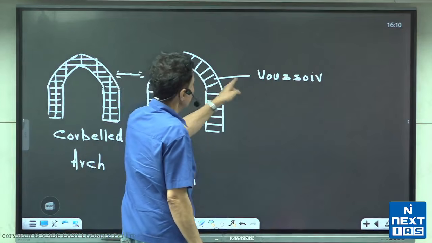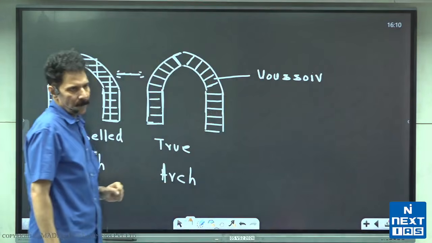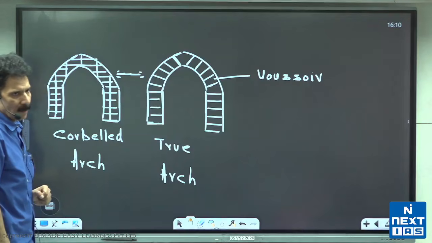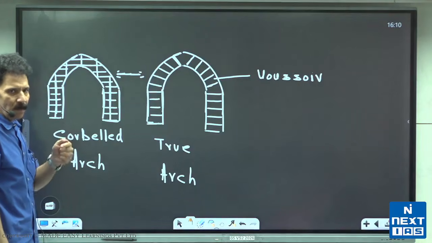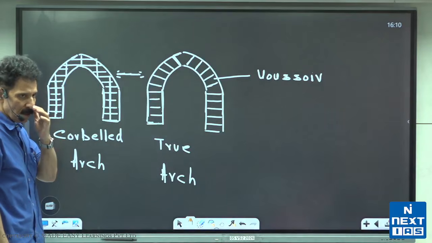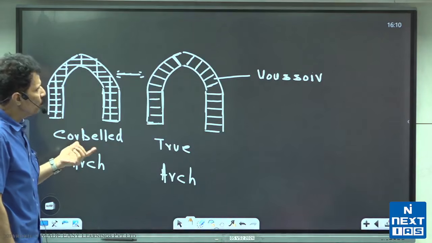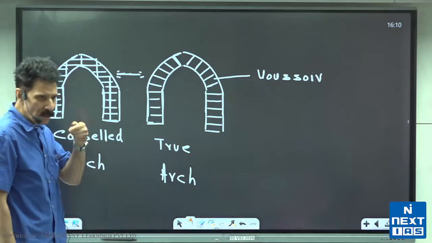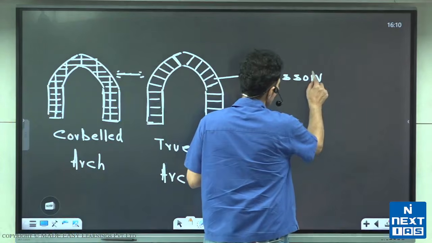So there are 11 voussoirs. This means these arches are based on voussoir technology. The pronunciation is voussoir.